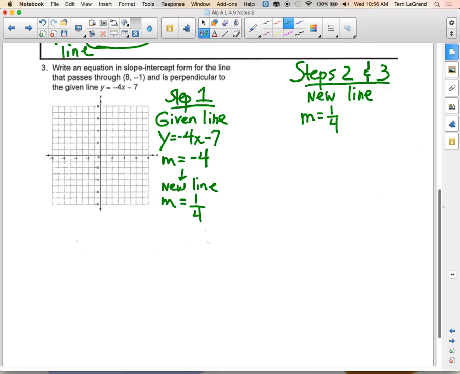We know it has to go through what point? (8, -1). So we are ready to go into point slope form. We call this our x sub 1, y sub 1. And we'll substitute into point slope form.